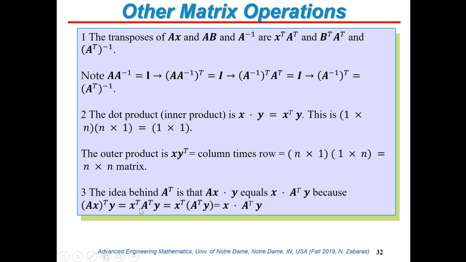And if you take the transpose of AX, it is X transpose A transpose Y, which is the inner product of X with A transpose Y, by definition of the inner product. So actually, you can immediately see that AX dot Y is equal to X dot A transpose Y.